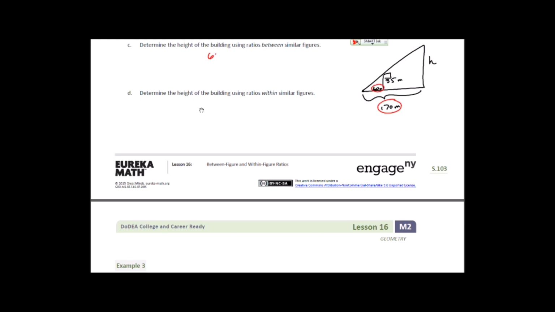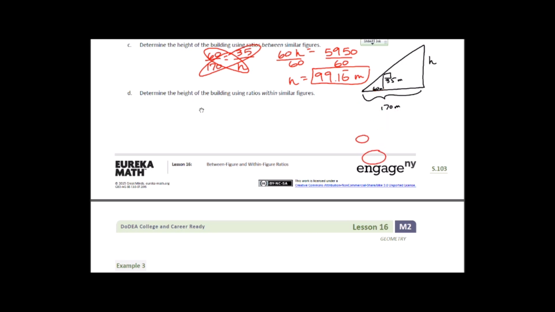And so I'm looking at 60 over 170 is equal to the corresponding length, the small to big ratio, which is equal to 35 over h. All right, now you solve this by cross multiplying. And again, we get 99.16 repeating meters.